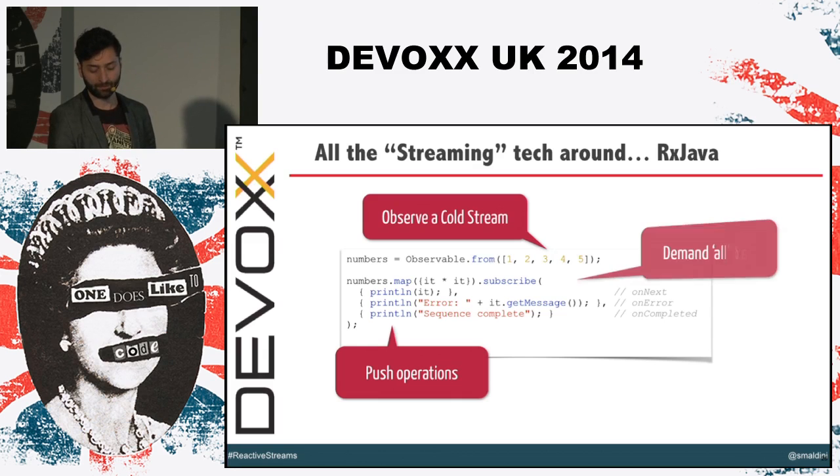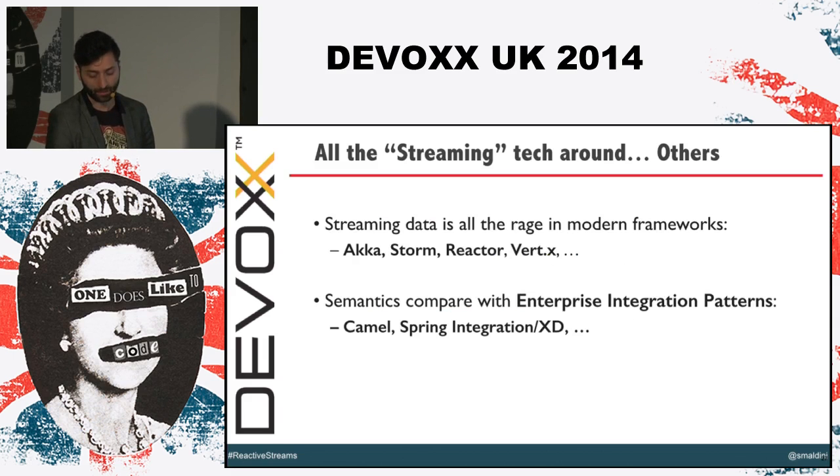But whenever you type .subscribe, it will demand all data. You don't have control over number of data you will request with the subscription mechanism. But you can work around this limit. But out of the box, there is no boundary between the producer and the subscriber.